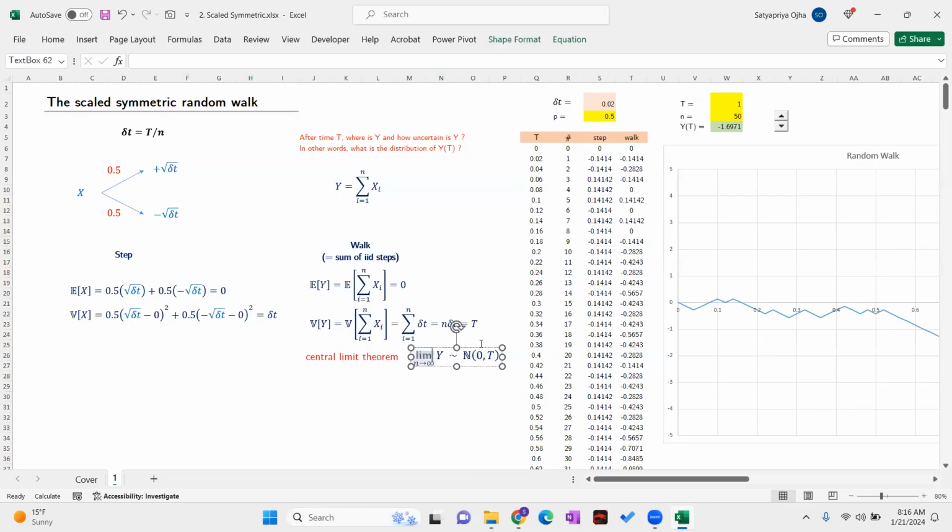For example, if you want this to be your end result, you can make the step also a normal random variable. And adding a bunch of random normals, which is nothing but what you're doing in the walk, right? You're adding a lot of steps. If each step is a random normal, adding a lot of random normals will be another random normal.